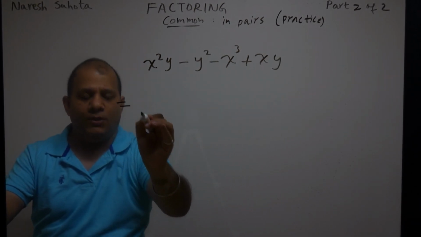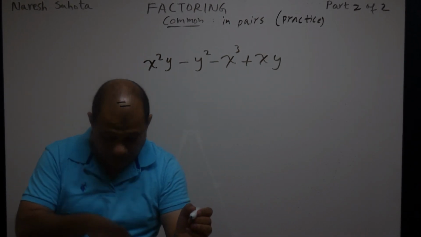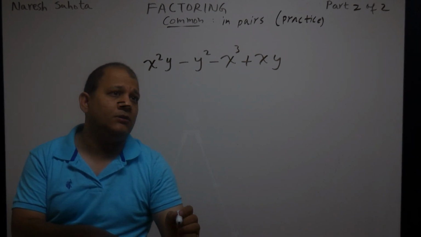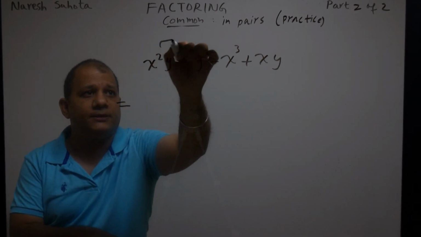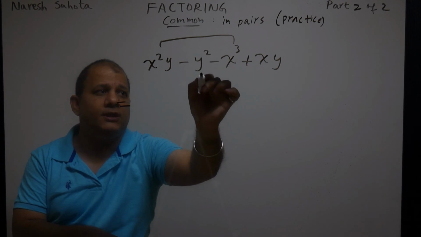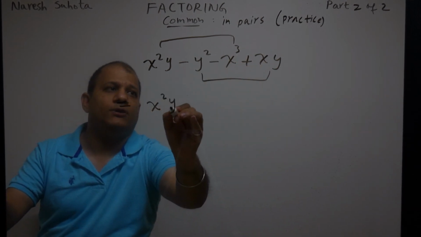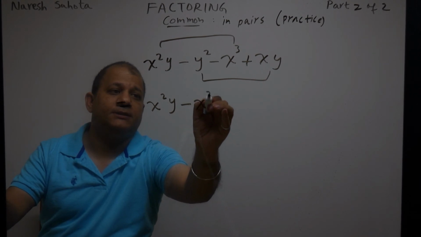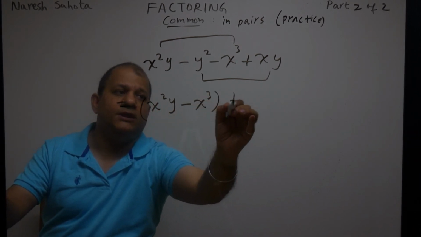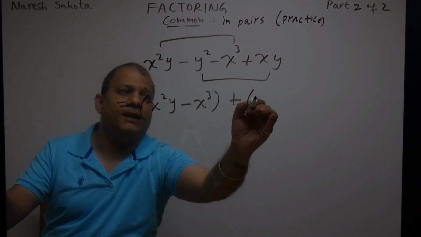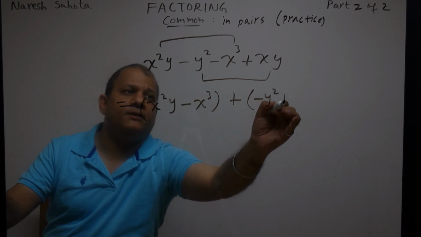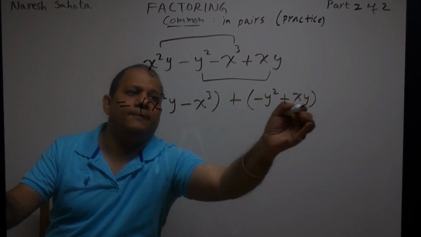So which two do we want to pair? So maybe let's try x squared and the x cubed, and then the y squared and the y. Okay, so x squared y, so let's rewrite minus x to the 3. So always have a plus here, and then we have negative y squared plus xy.